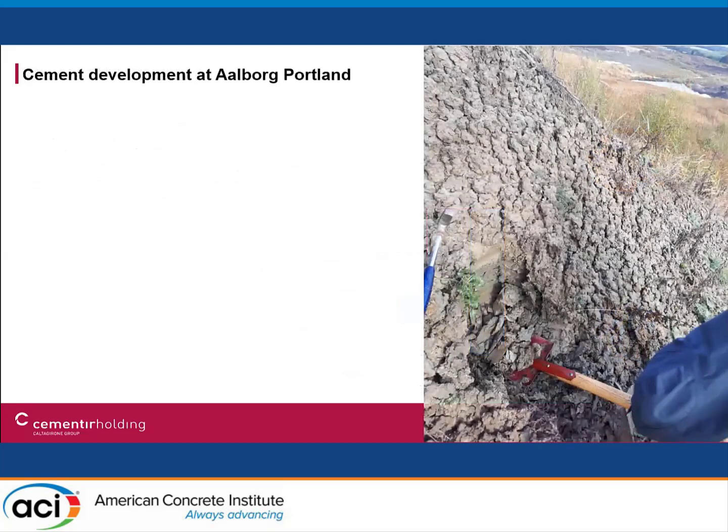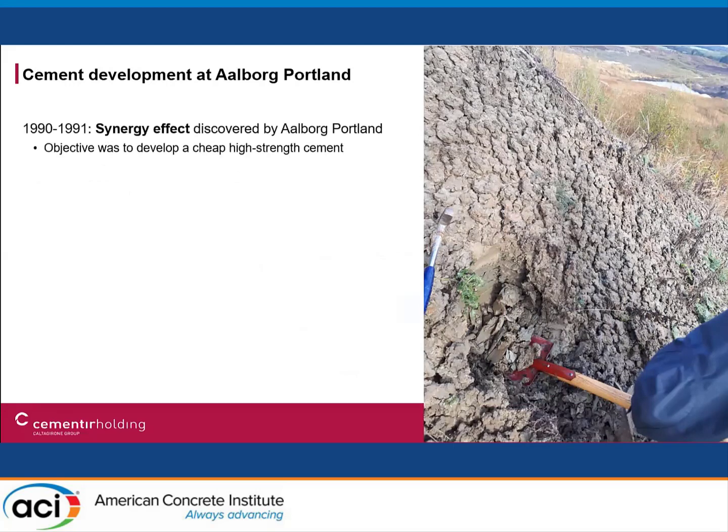I'll show one more picture of our wonderful clay to discuss how this came about, because this is not a new development. Back in 1991, we started this because at that time the plant in Aalborg was under attack by some foreign importers, which could offer a cheaper product.